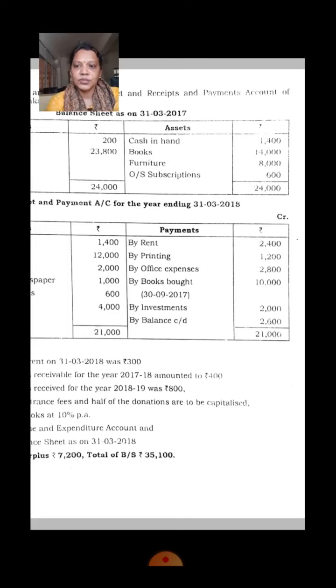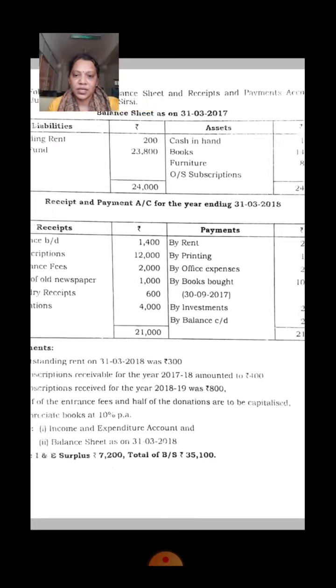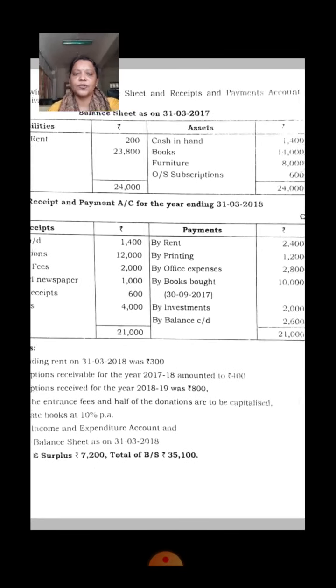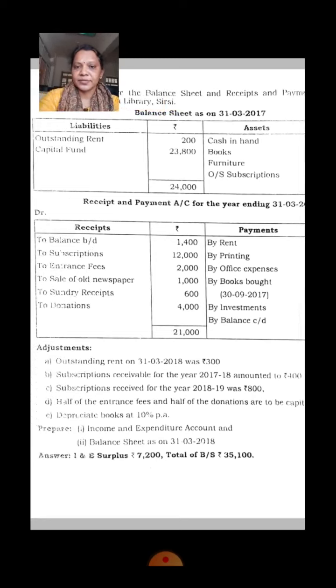October, November, December, January, February, March, meaning 6 months, right? 6 months depreciation for 10,000 we should calculate, and for 14,000 the remaining full year, right? And investments are worth rupees 2,000, which are assets, and closing cash balance is given as 2,600, right? So this we are going to take in the balance sheet, cash in hand, right?